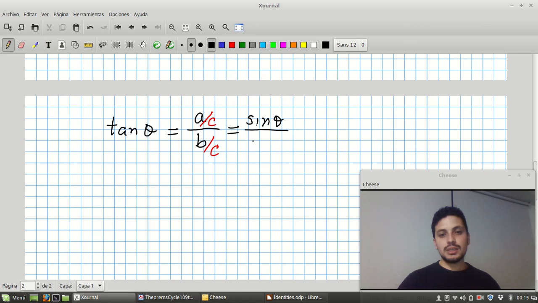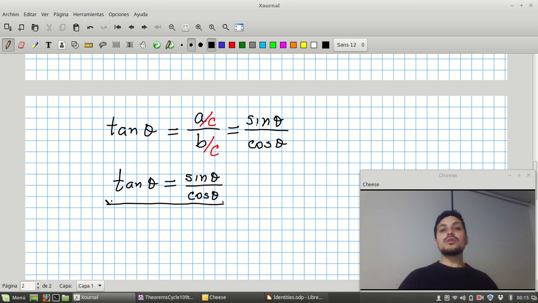And B over C is cosine of the angle. So that means that tangent of the angle is sine of the angle over cosine of the angle. Okay, that's the quotient identity.